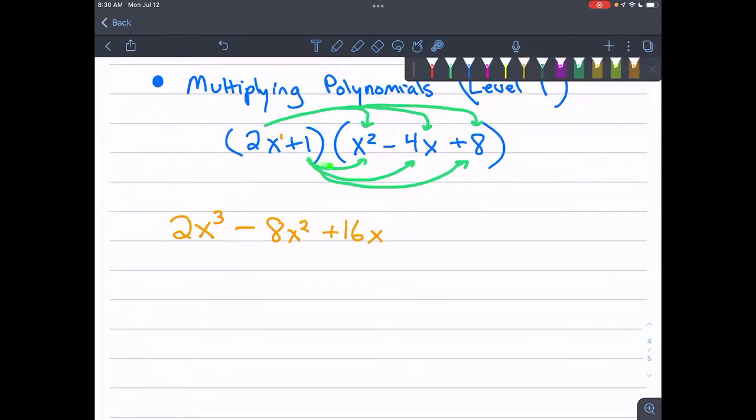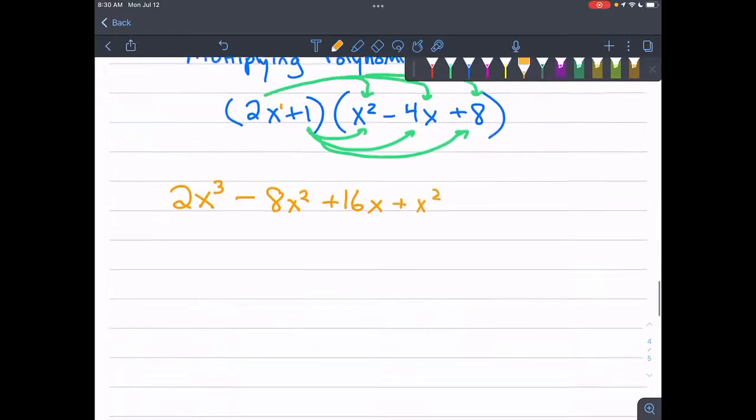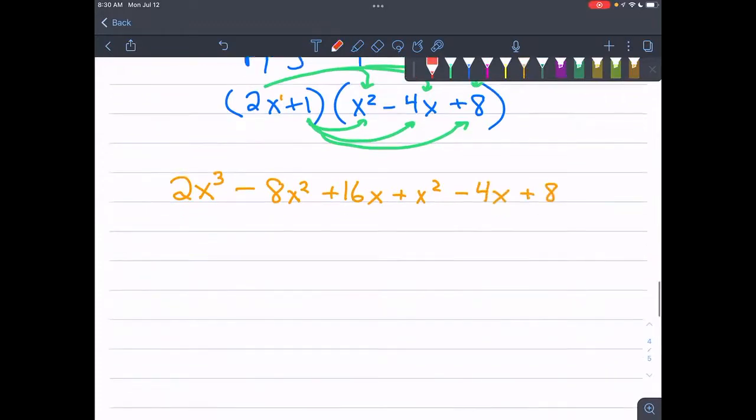Then doing 1 times x squared. 1 times anything is going to be just whatever that thing is. So 1 times x squared is just 1x squared. 1 times negative 4x. 1 times 8. So 2x cubed minus 8x squared plus 16x plus x squared minus 4x plus 8.